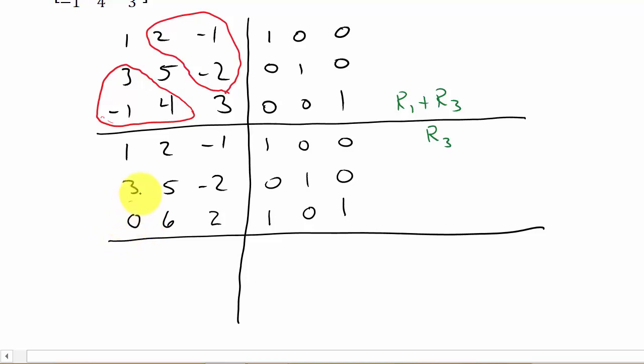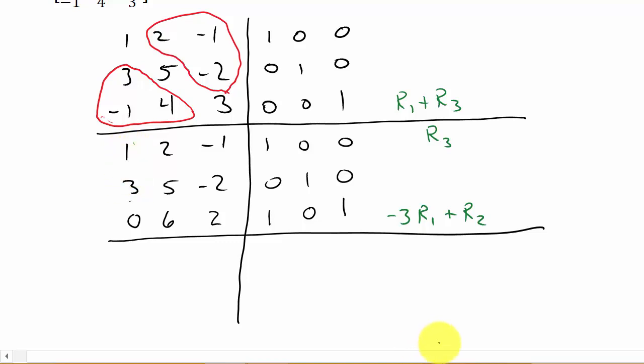So instead, I'm going to get this 3 here to go to 0. What do I have to do for that? If I do -3 times row 1 plus row 2, this is all I'm looking at right now because I want this to go to 0. -3 times 1 is -3, and -3 plus 3 is 0.